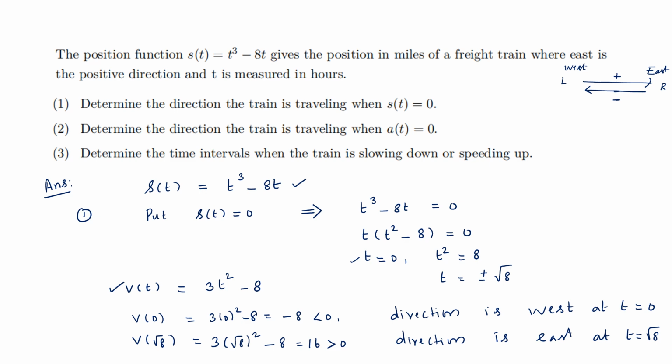So first question answer over. Now the second question, determine the direction the train is traveling when a of t equal to 0. So what is a of t? Acceleration function. Acceleration function is the second derivative of s of t or first derivative of v of t. So first I am finding the acceleration function, then assuming equal to 0, what is the t value we have to identify.